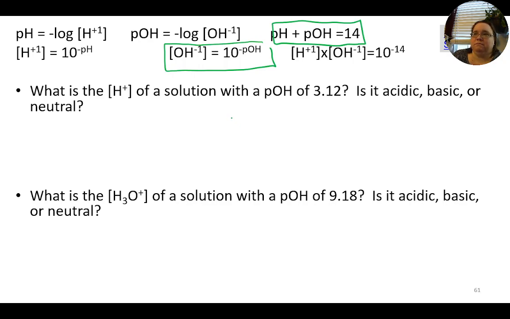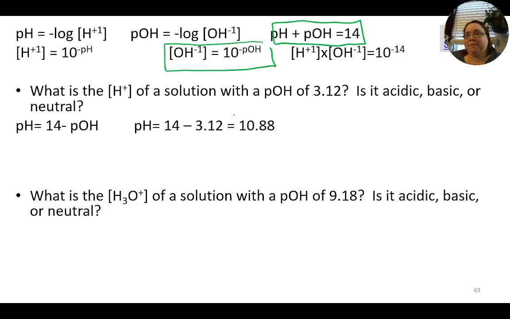Okay. pH equals 14 minus my pOH. So now I have my pH. Well, if I've got my P, it's really easy to find the concentration for that P. Since I have pH, if I take 10 to that negative power, I will find its concentration.